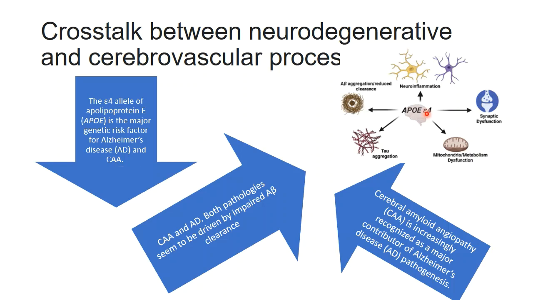It has been associated with neuroinflammation, synaptic dysfunction, mitochondrial or metabolic dysfunction, tau protein aggregations, and A-beta amyloid aggregations. Both of these pathologies are driven by the impaired clearance of the A-beta amyloid protein. So there is obviously some link, but the link is yet to be established. Cerebral amyloid angiopathy is increasingly recognized as a major contributor to the Alzheimer's disease pathogenesis. Okay.